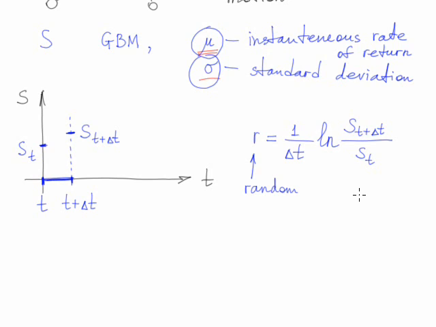Because how we would measure it is we would take several t's, maybe even tens or hundreds of t's, different time points, and calculate R. So we would have a series of rates of return.